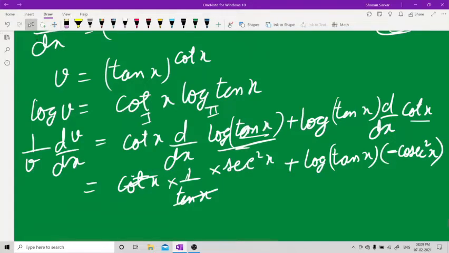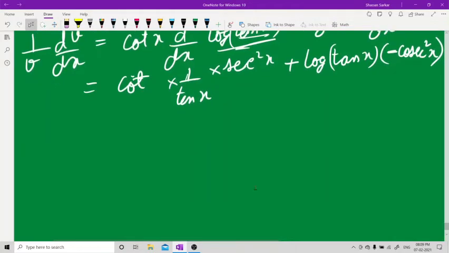Sorry, I made a mistake. This will not cancel each other out. This tan will go on the top. That is basically cot x into tan x.